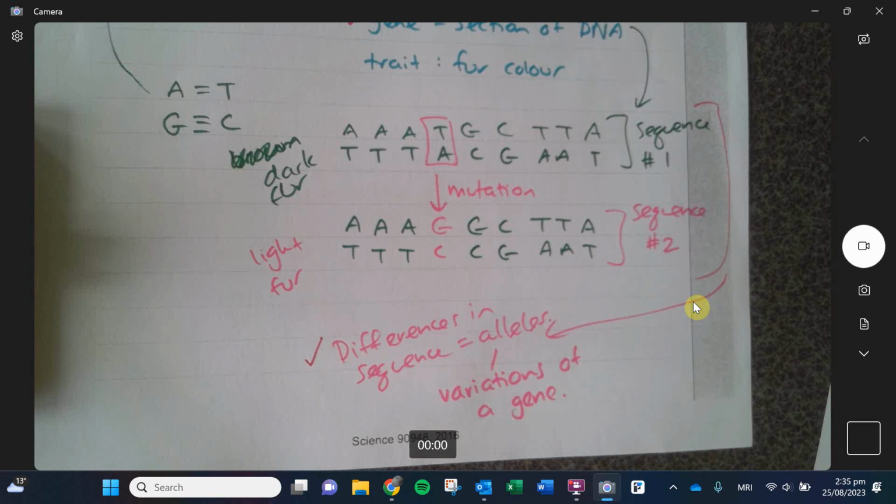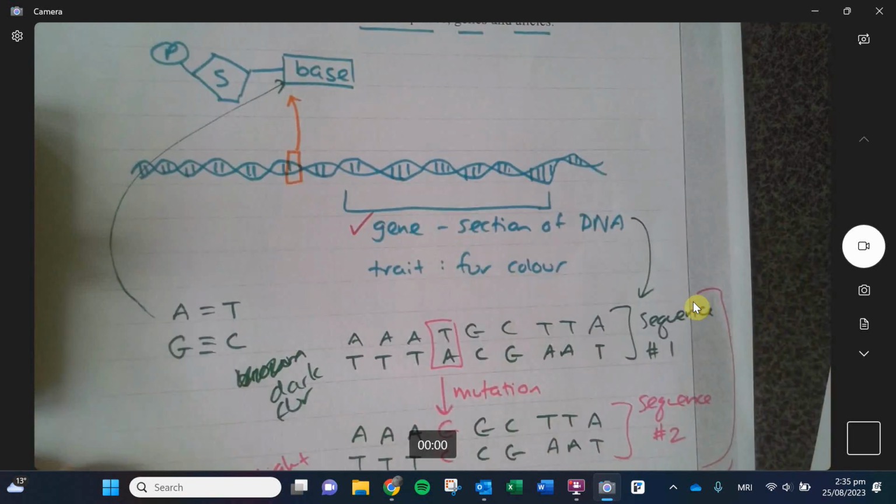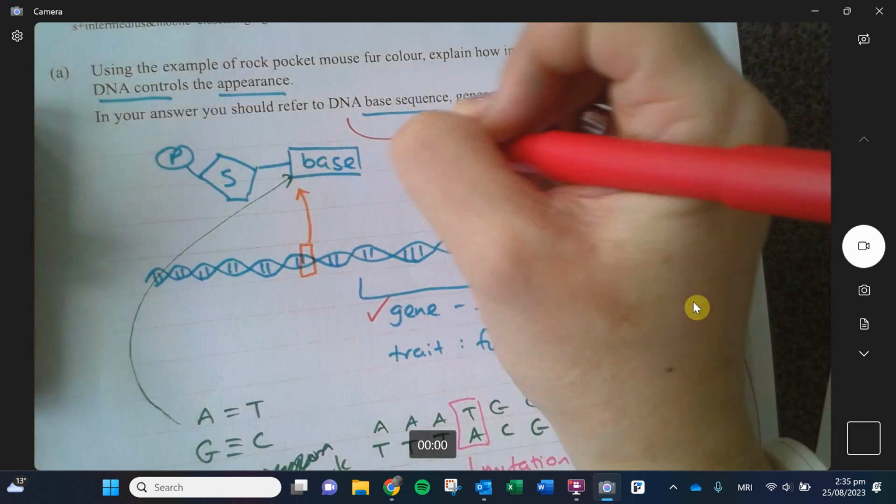Cool. I have not actually defined DNA, which is not good on my part. So let's define DNA. DNA is the carrier for genetic code, genetic information. It is the code of life. So we'll add that in there so we have all 3 of our definitions.